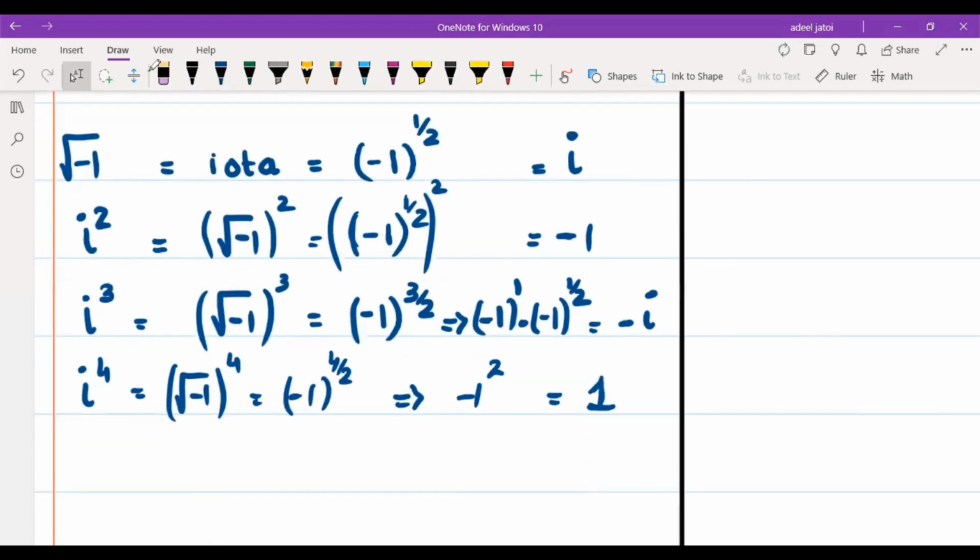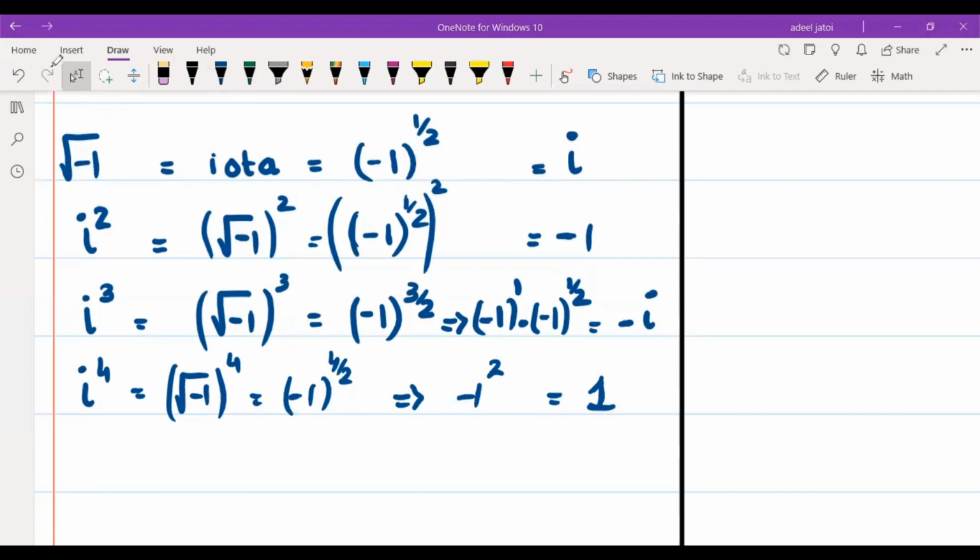So we know that under root -1 is iota, so we can always write iota as under root -1. Iota square will be -1, iota cube will be negative iota, and iota to the power 4 will be 1.